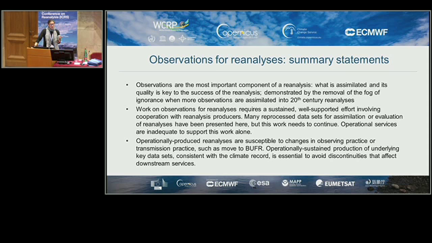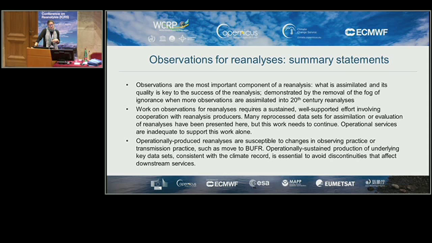So observations are the most important component of a reanalysis. What is assimilated and its quality is key to the success of that reanalysis. And this was nicely demonstrated when Gil Compo showed the removal of the fog of ignorance when more observations are assimilated into a 20th century reanalysis.